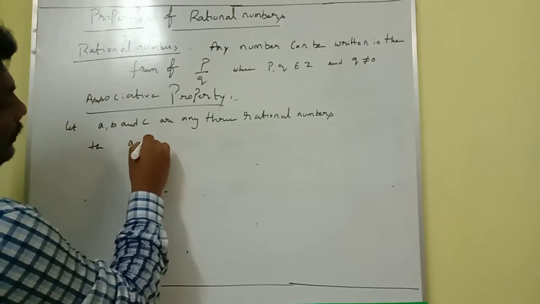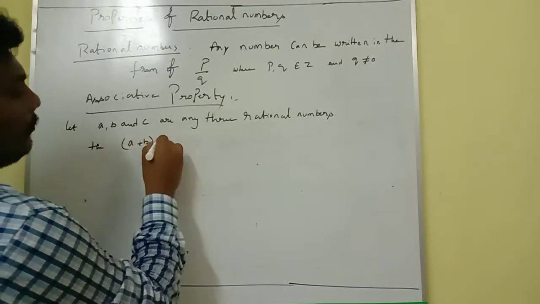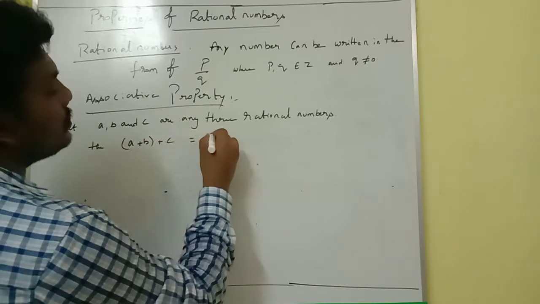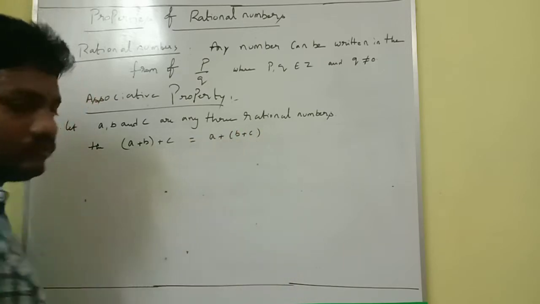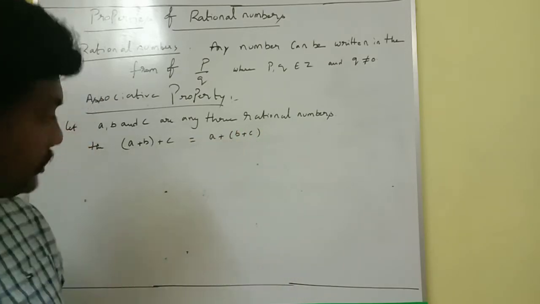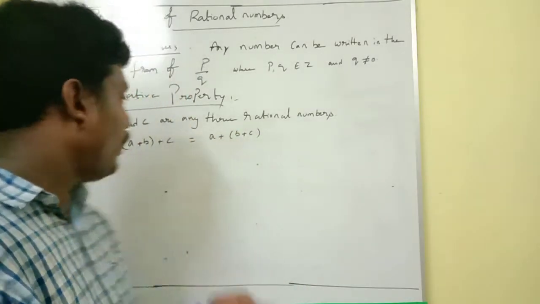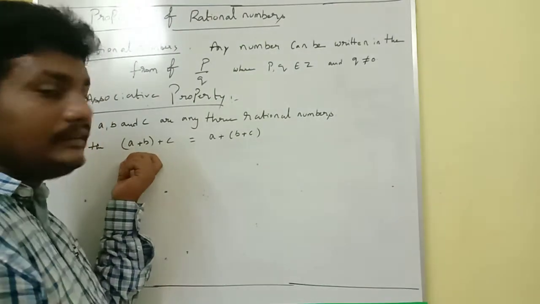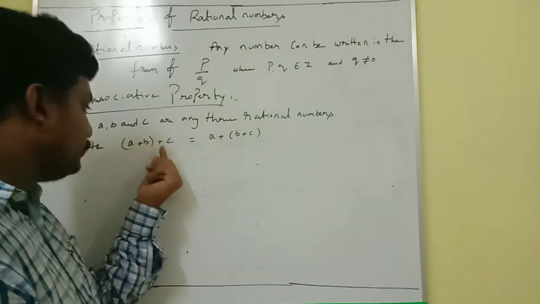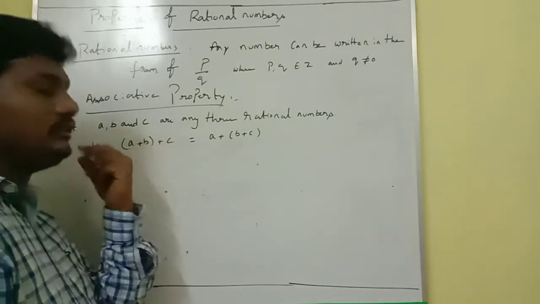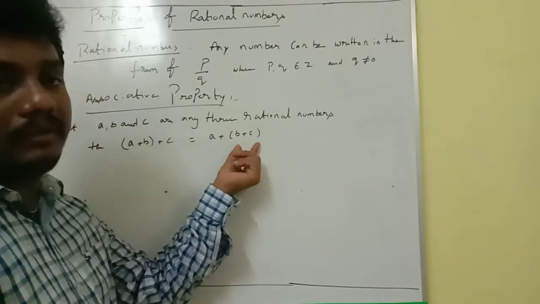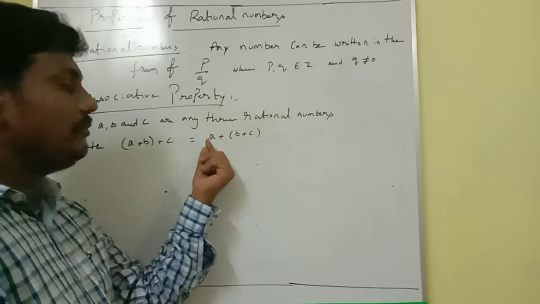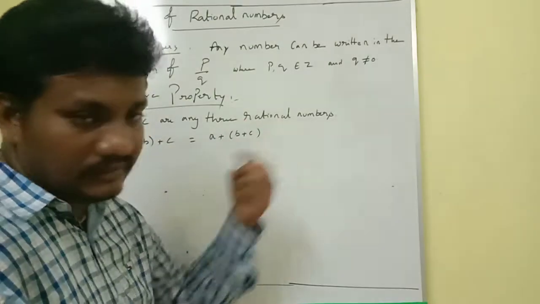(A plus B) plus C is equal to A plus (B plus C). Associative means if you add the first two numbers, and then add the third number to that sum, it will remain the same as if you add the last two numbers and then add the first number to their sum.